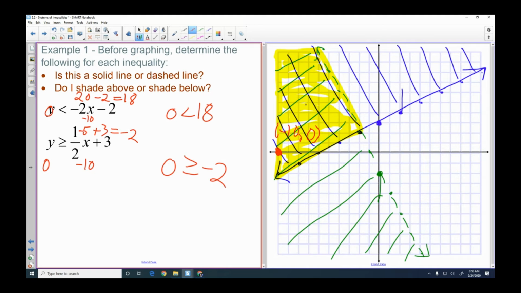But the cool thing is I could take any point anywhere in this feasible region and it would work for both of those inequalities. I could even take a point on this line down here, on, in my case, this bluish black line, and that would work. But a point on my green line would not work. Okay, because that's a dashed line. I can't use a point on the dashed line, but I can use a point on the solid line.